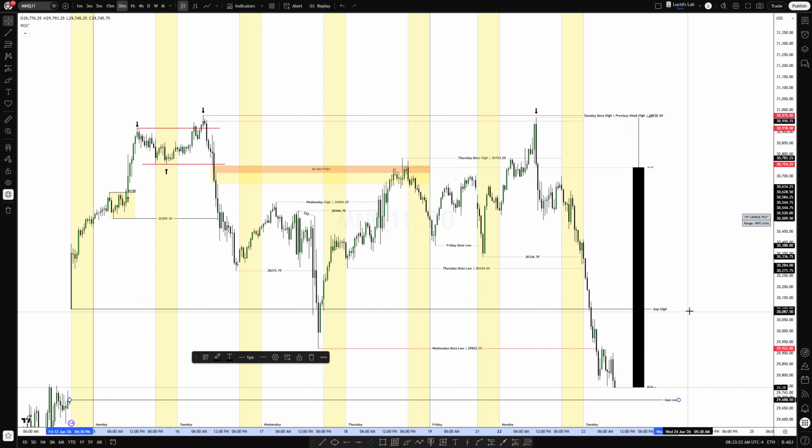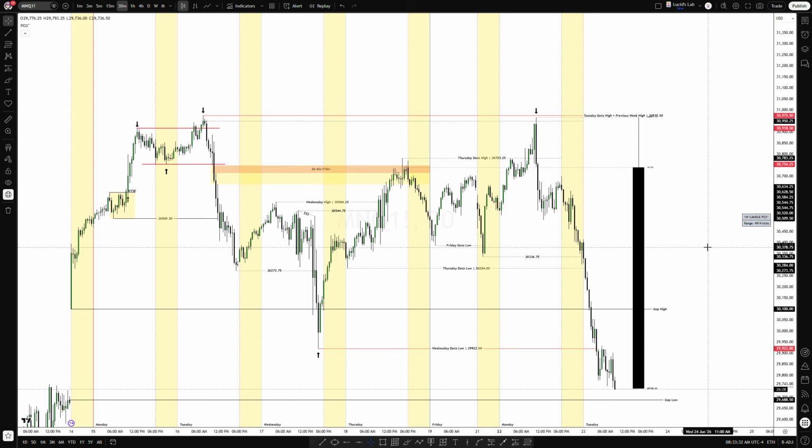I'm not going to spend too much time as I did on the last video showing you little things that you can look at with SMT divergence and understanding correlated assets. Those are just things that I do in the background versus what I'm showing you guys right now.